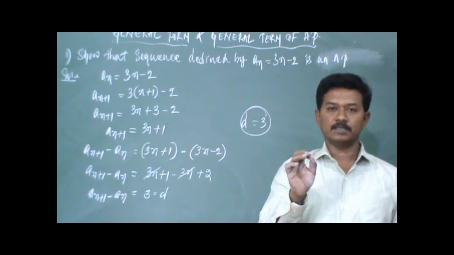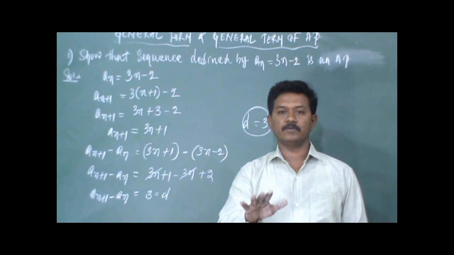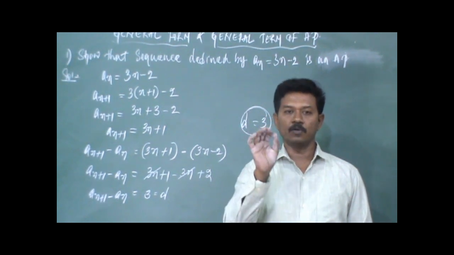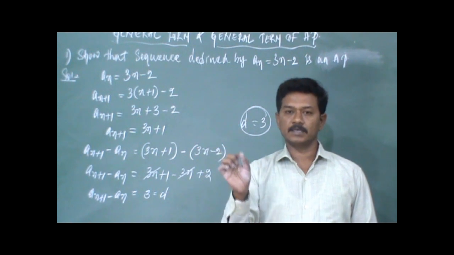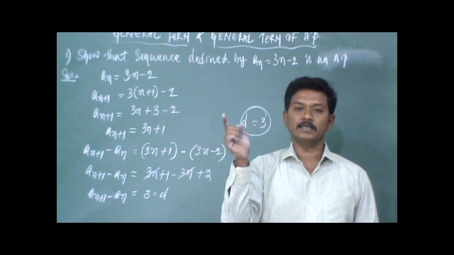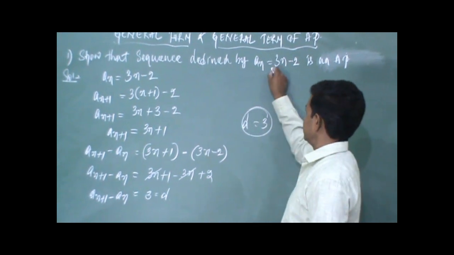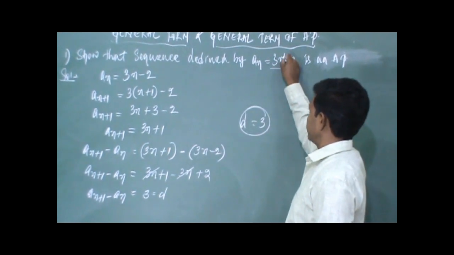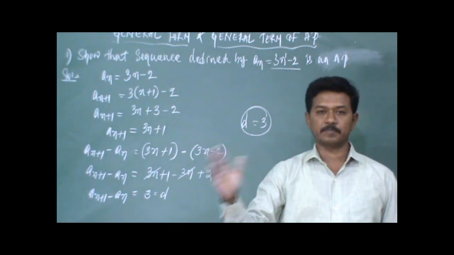If you want to know whether the nth term of a sequence is an AP, usually what we do is we look at the nth term and check whether it is in the linear form. You can see here it is in the linear form. The power of n is 1. So the nth term is a linear expression.